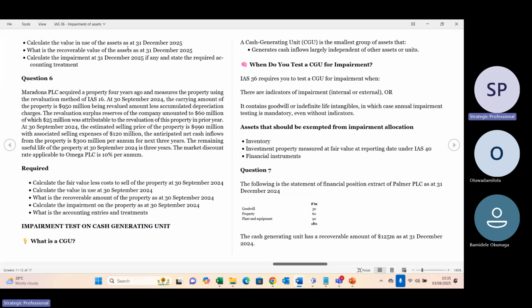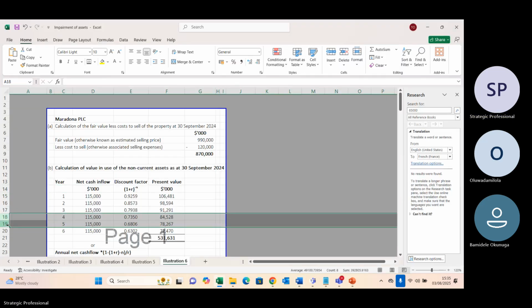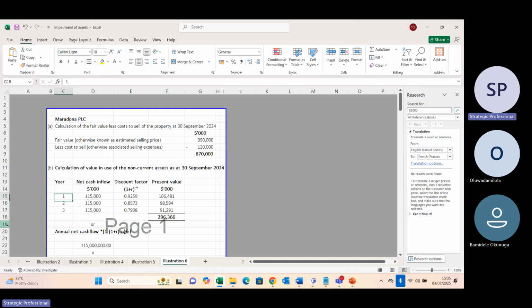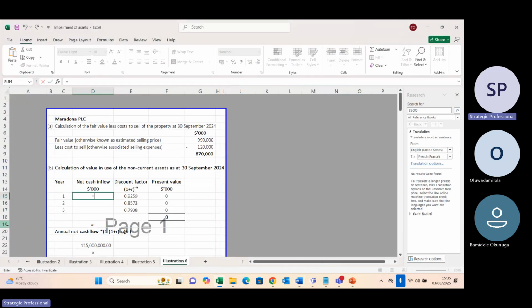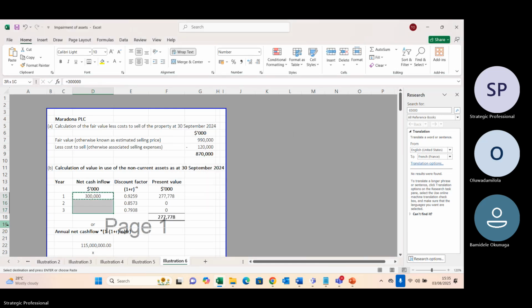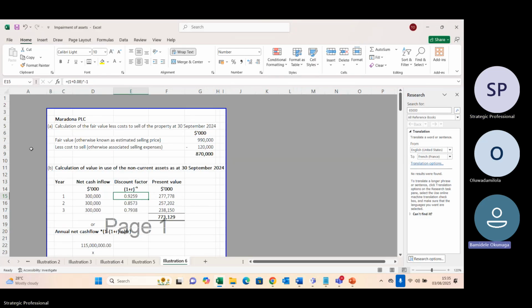The years: the property makes $300 million for the next 3 years, so that means 3. Our net cash inflow is 300, so every year they envisage making 300. The discount rate is 10%.